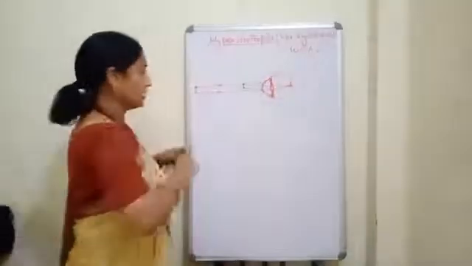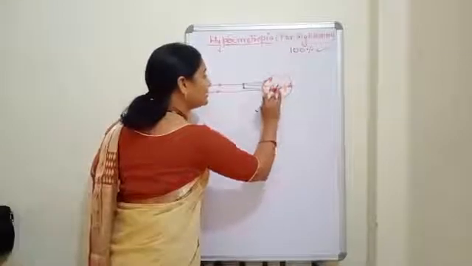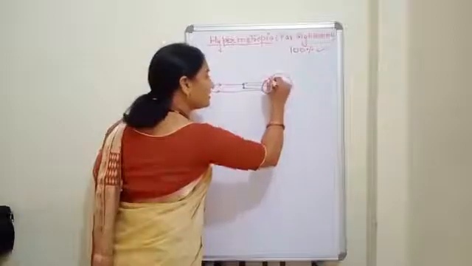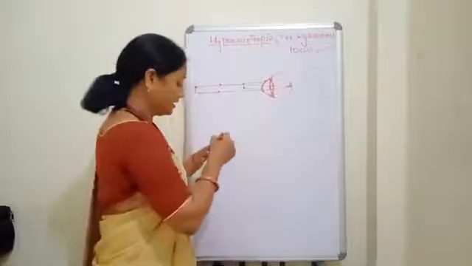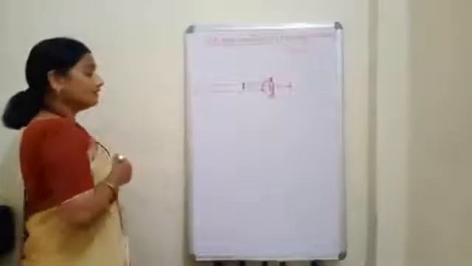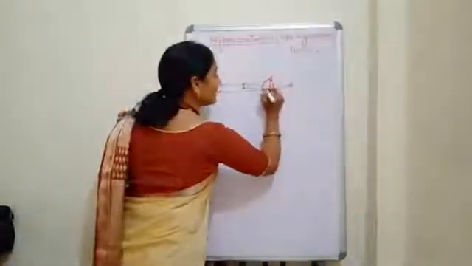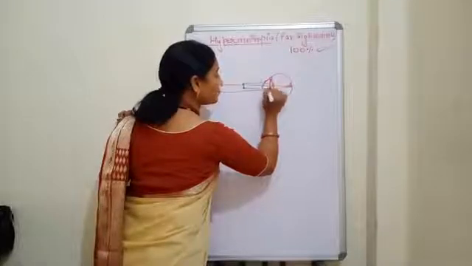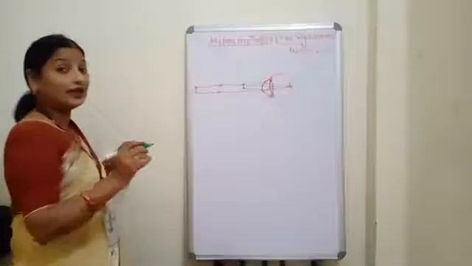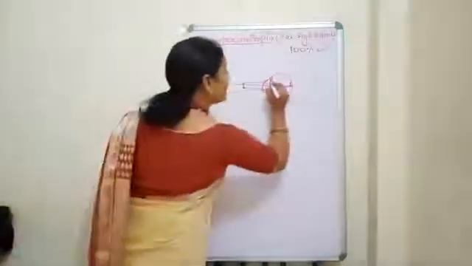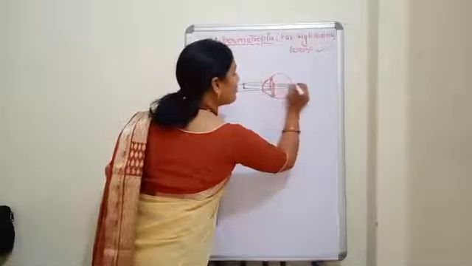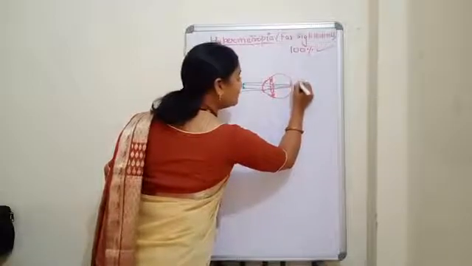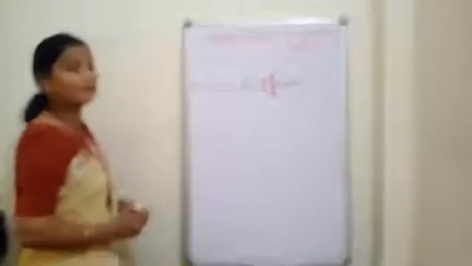Now suppose I draw the lens of this much size, it will be clearer. After a little convergence, when the light enters the convex lens, it will be converged more and the image will form somewhere here.